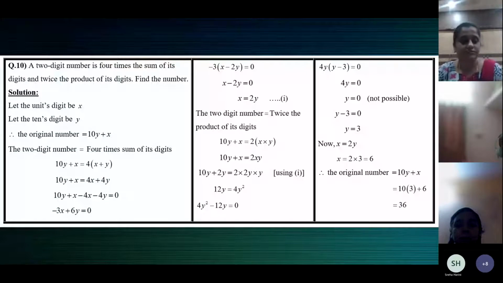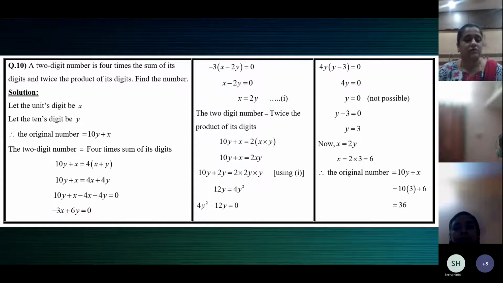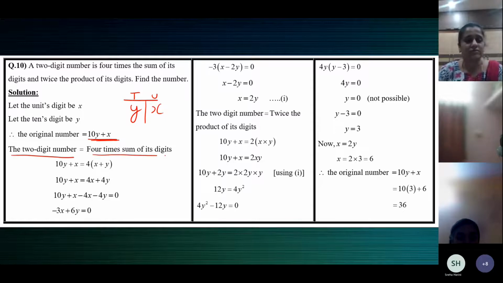So see here, whatever I've taken, y in the units place and x in the tens place, the number will be 10y plus x. The two-digit number is equal to 4 times the sum of its digits. So you can see this is the first equation.